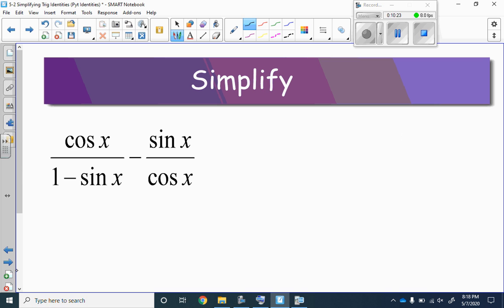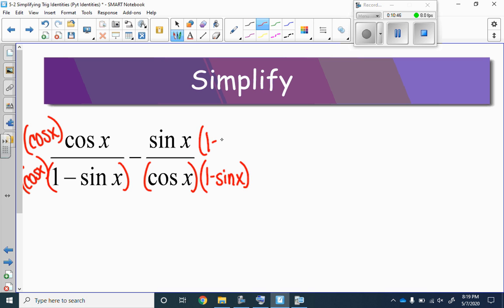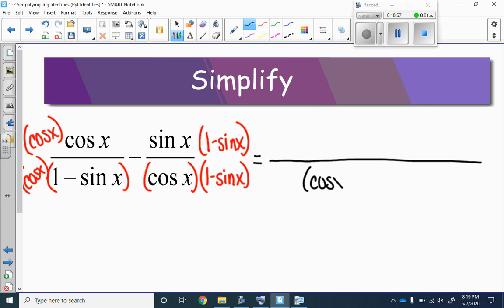So when you're working with the trigonometric functions here, treat these like they are the factors. And so I'm going to have to multiply here by a factor of cosine x. And I'm going to have to do that to the numerator and denominator. Here I'm going to have to multiply by that factor of 1 minus sine x. And so now you have your common denominator of cosine x times 1 minus sine x.